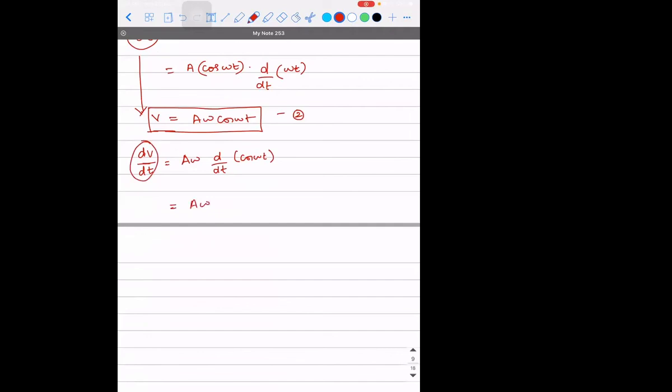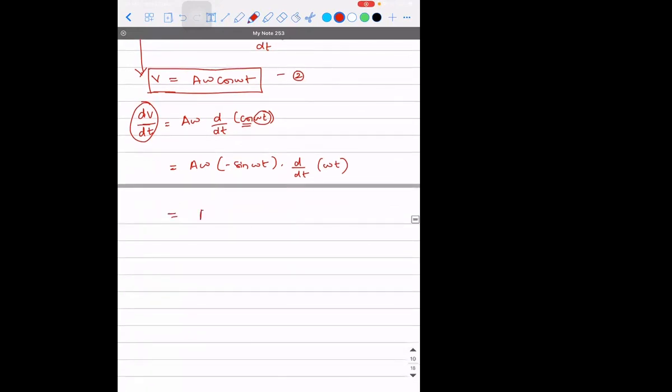That is A omega into derivative of cos, which is minus sine omega t, into d by dt of omega t. The derivative of omega t is omega. So multiplying both, minus A omega square sine omega t.